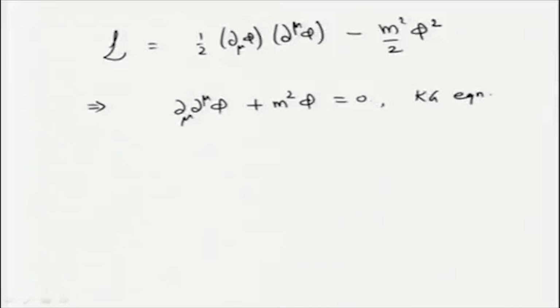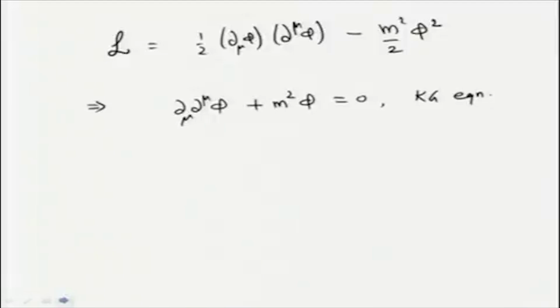So, we can say that the Lagrangian that we have written down is the Klein-Gordon Lagrangian, or the Lagrangian corresponding to a Klein-Gordon field, or a function that satisfies the Klein-Gordon equation.